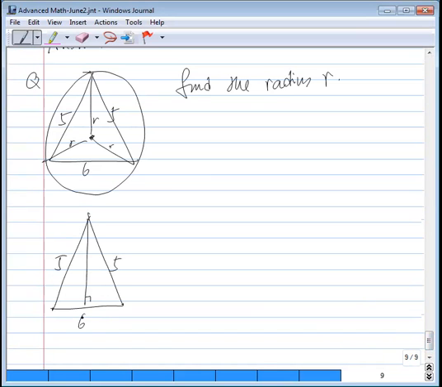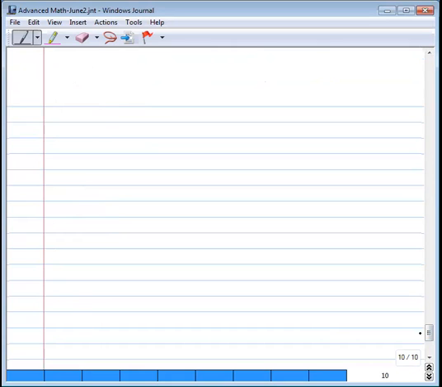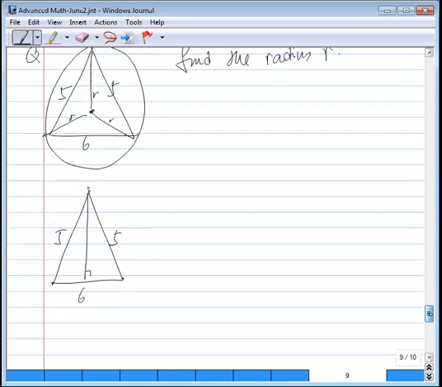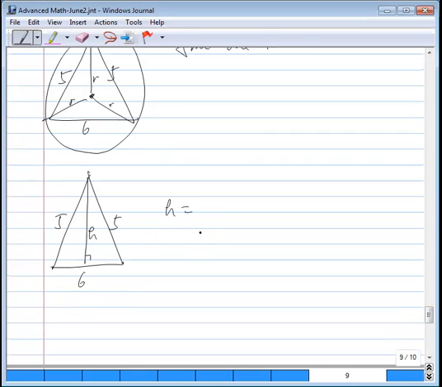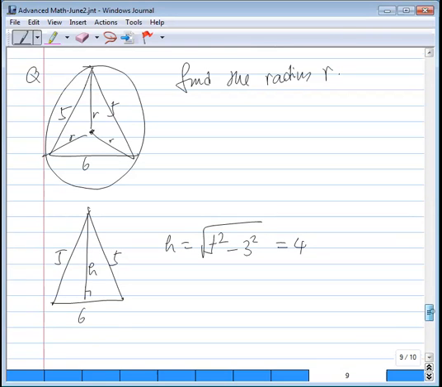If I draw the line in the middle, this side H is going to be 4. Why is it 4? It's 5 squared minus 3 squared, which gives 4, because the base is 6, so half of the base is 3. So you can quickly get 4.